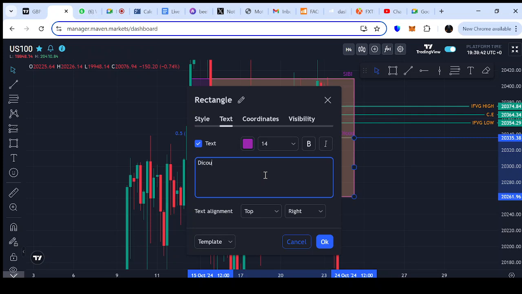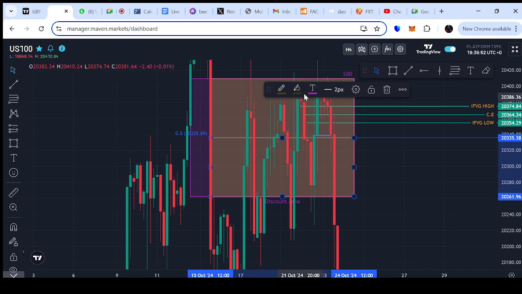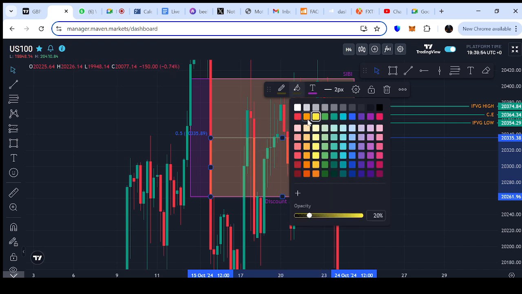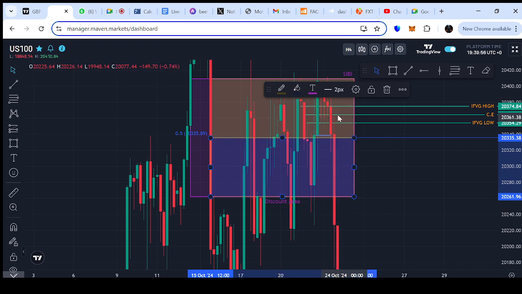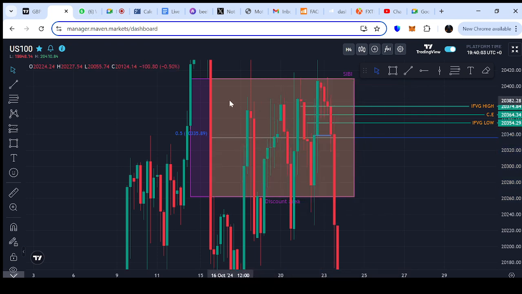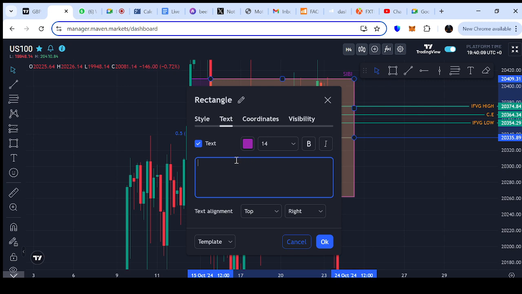Why discount area? Then why is the upper side, the upper quadrant, the premium area?